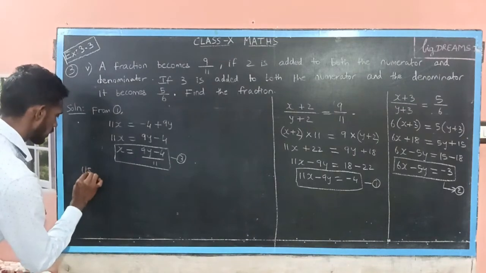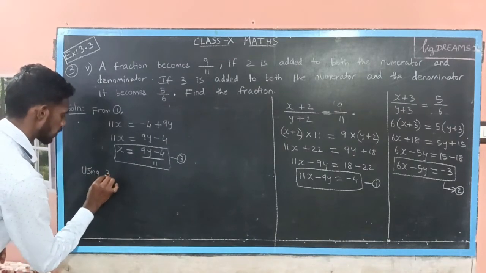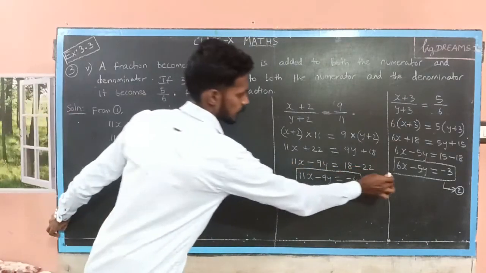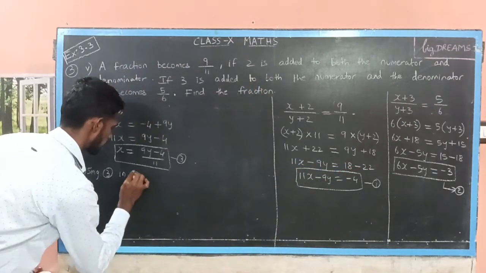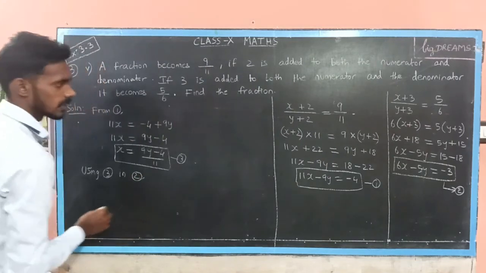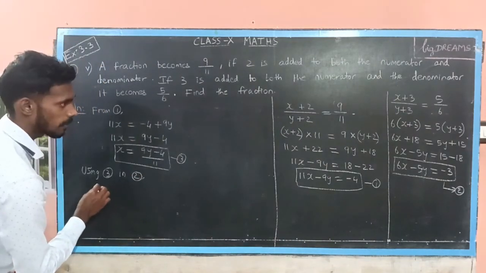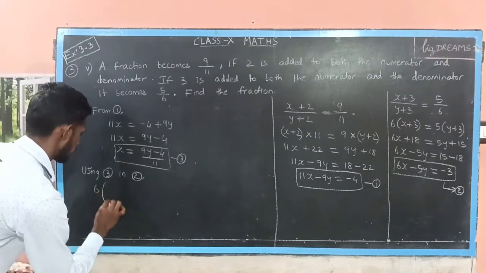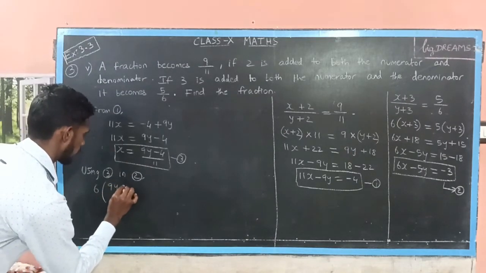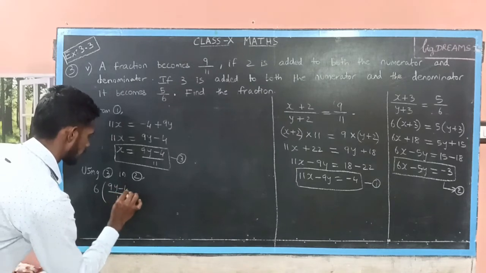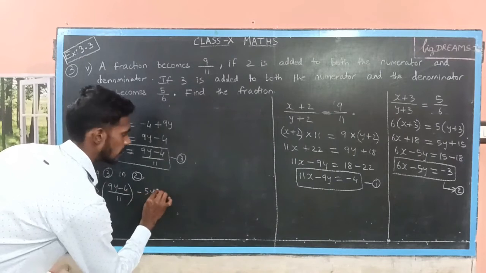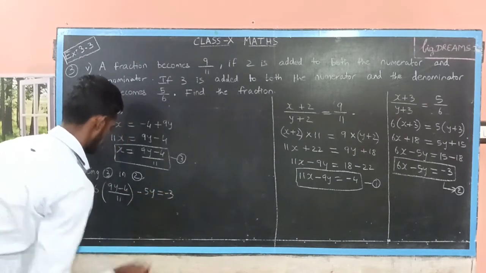Then let us substitute 3 in 2. Using 3 in 2, that is 6x minus 5y is equal to minus 3. So 6 into the x value, which is 9y minus 4 by 11, then minus 5y is equal to minus 3.